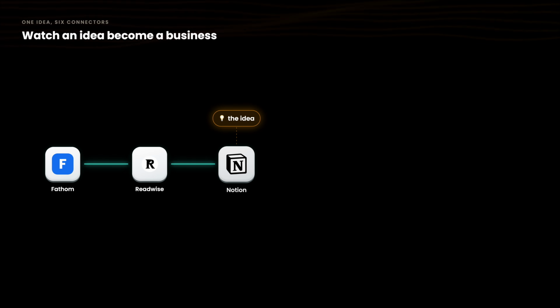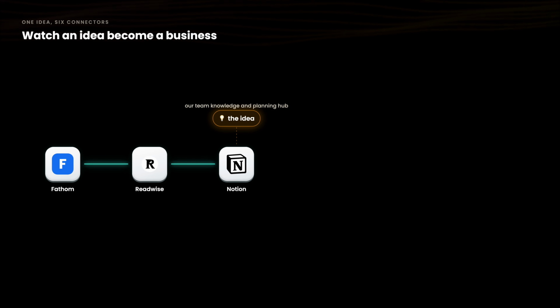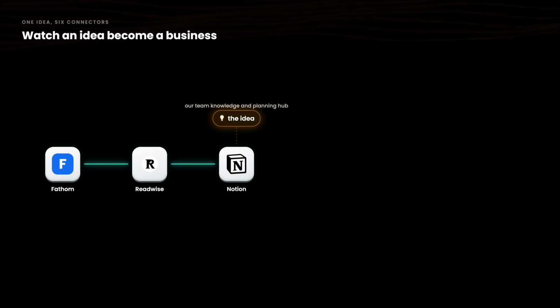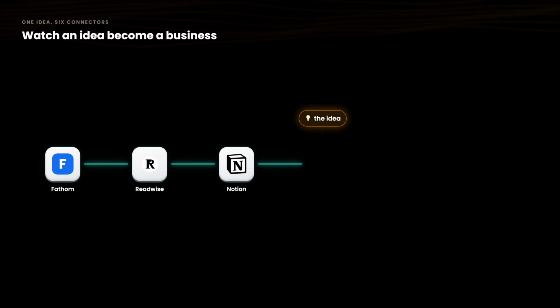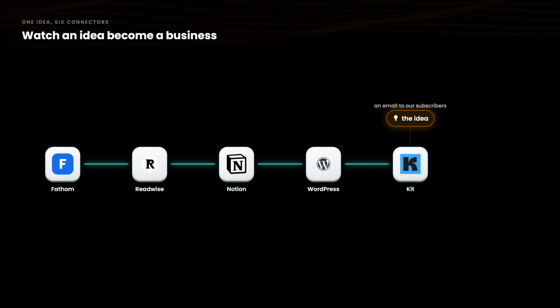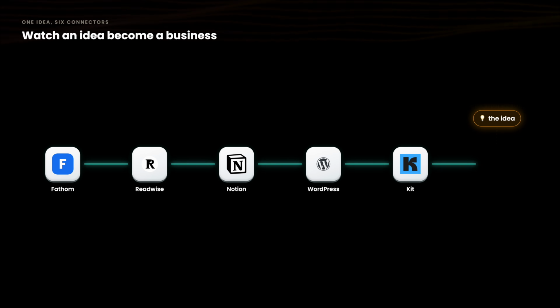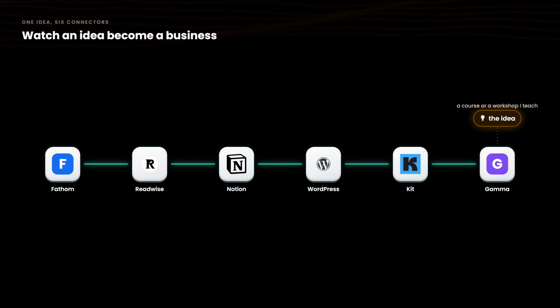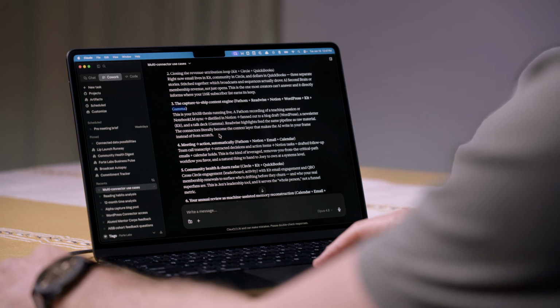So we discuss an idea of something we want to do in a meeting, through Readwise, where I might consume some research or content about it, to Notion, which is our team knowledge and planning hub where we might do some planning, to WordPress, where I might write a blog post announcing it, to Kit, where I send an email to our subscribers, to Gamma, which might be, for example, a course or a workshop that I teach. That is such a more complete and comprehensive picture than we ever had access to before.